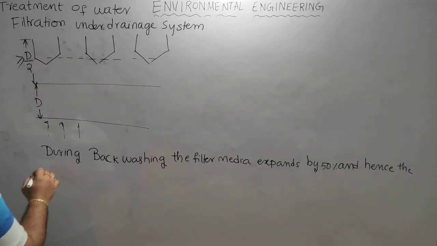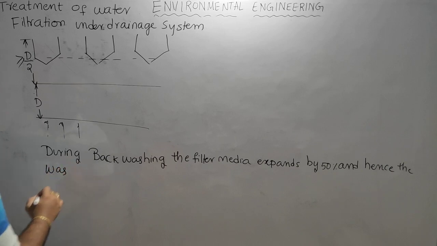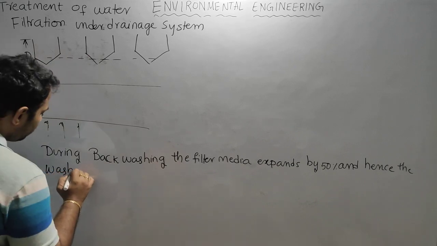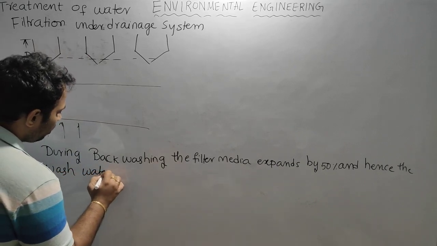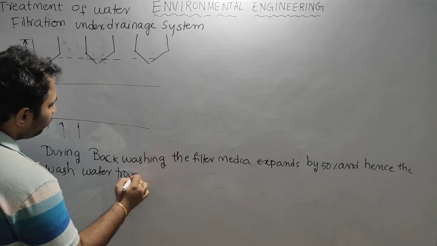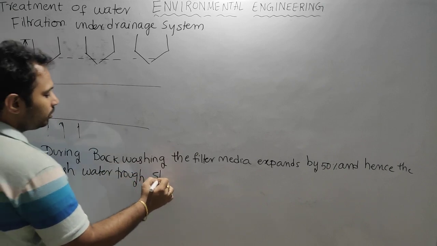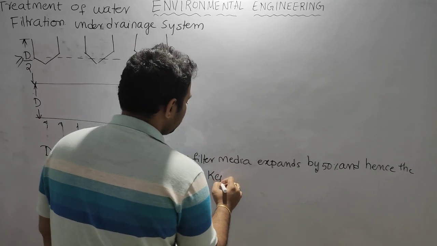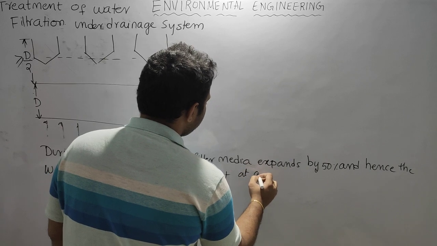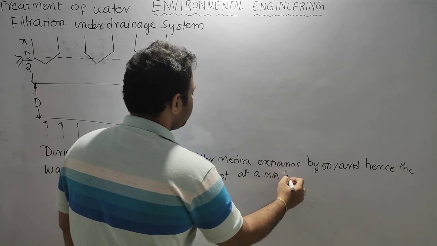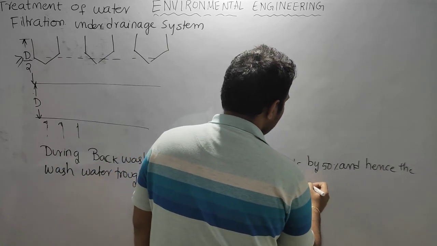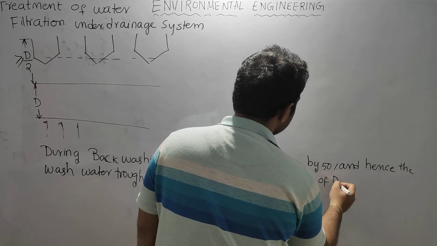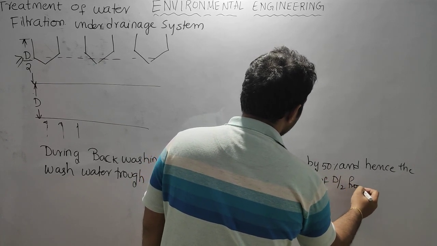The wash water trough should be kept at a minimum height of D by 2 from the filter media.